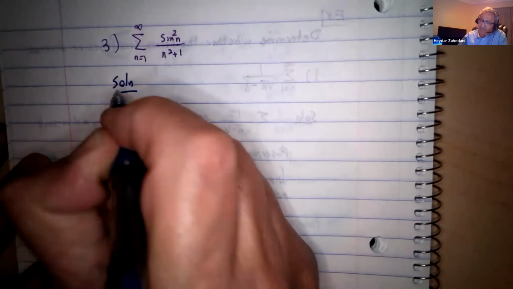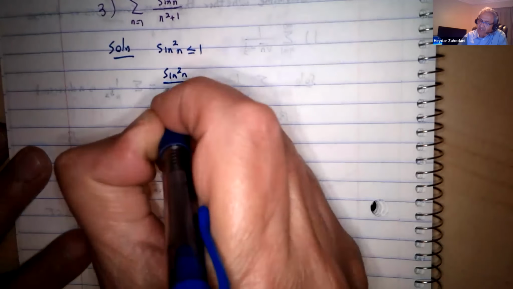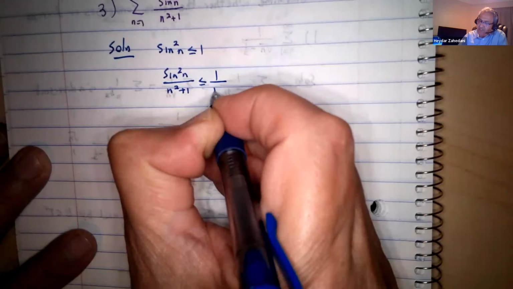You see, sine squared is always less than or equal to 1. So the sine squared of n over n² plus 1 is less than or equal to 1 over n² plus 1.